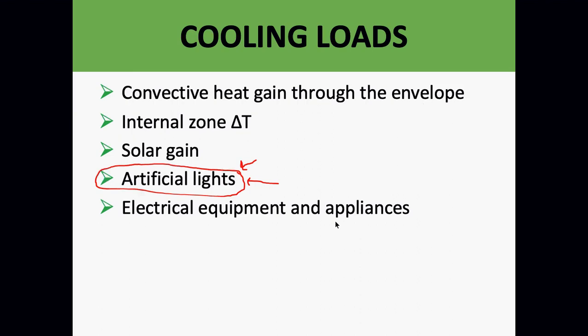Copy machines are notoriously bad. Break rooms with large amounts of vending machines that have refrigeration in them. Commercial buildings such as restaurants, you have a lot of cooking equipment in there. Puts off a ton of heat.